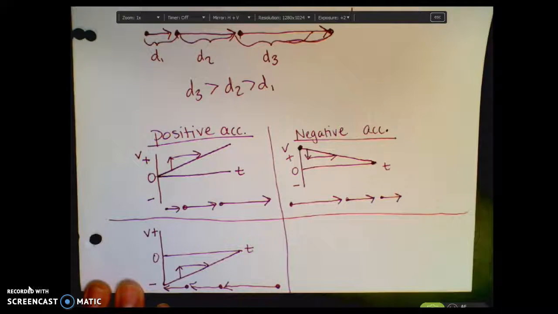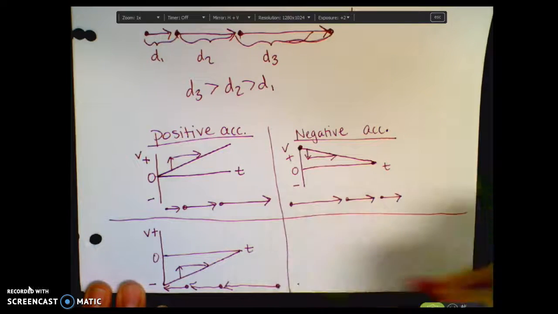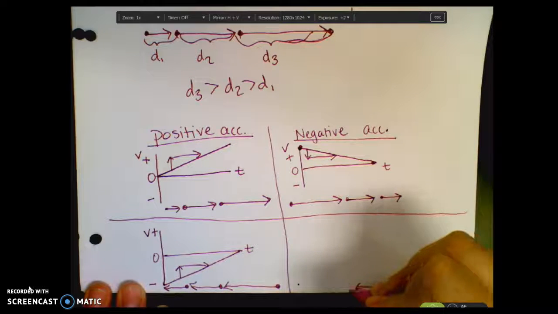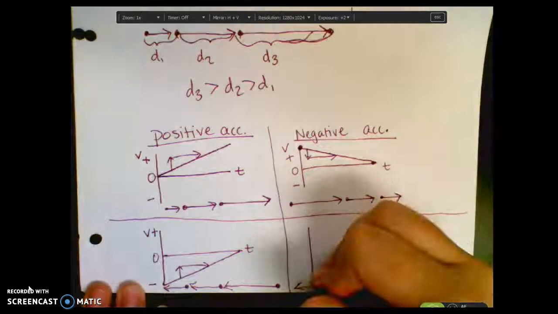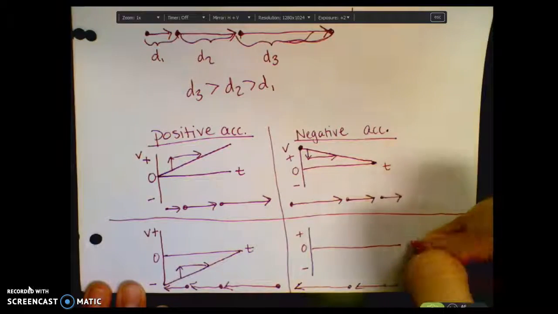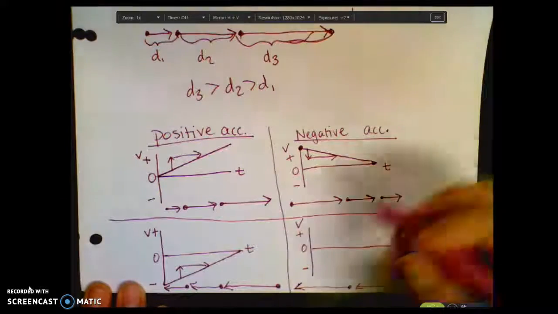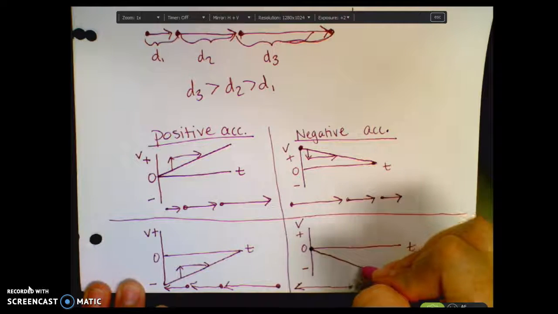And the opposite of slowing down to the left would be speeding up to the left. That means my arrows start over here and get bigger. We're speeding up to the left. On a velocity graph, positive, 0, and negative, that's time, that's velocity. We would start at 0 and get bigger in the negative.